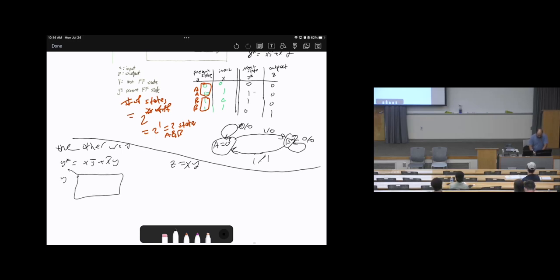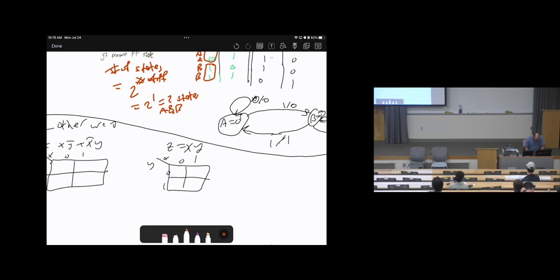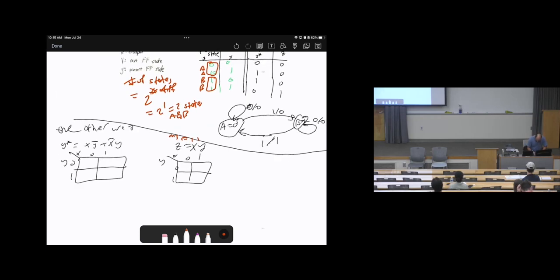So here is y, here is x, here is 0, 1, 0, 1. Then the same here. Here is y, here is x. It's two variables, so 0, 1, 0, 1. Now, x y, in terms of minterms, is equivalent to 1, 1. Therefore, it is M3. Y bar, this is 1, 0.